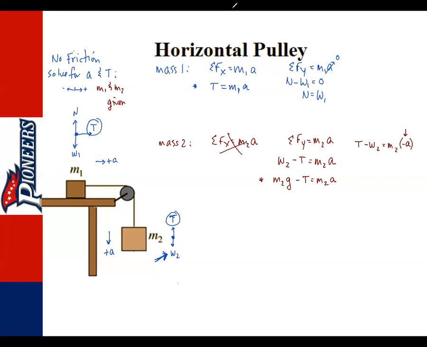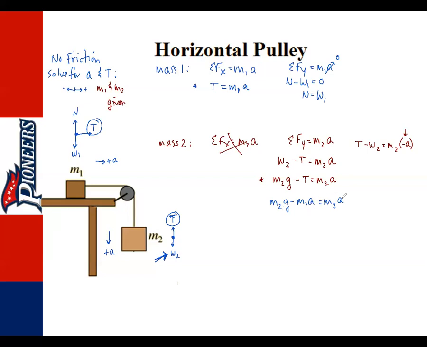What you can do, and again this is a matter of choice, is this: since I know that T is equal to M1 times A, here's T, so I'm going to put in M1 times A, equals M2A.